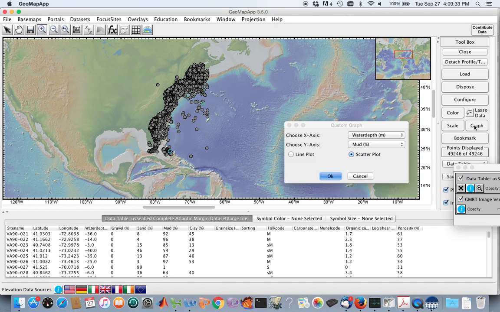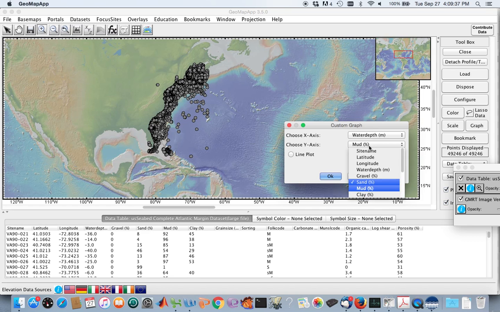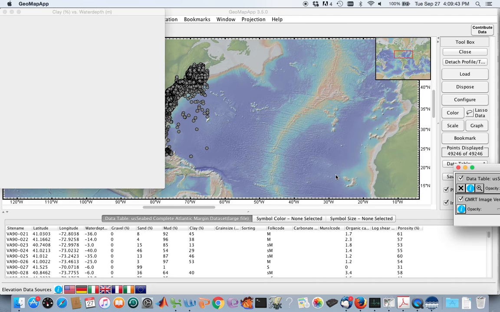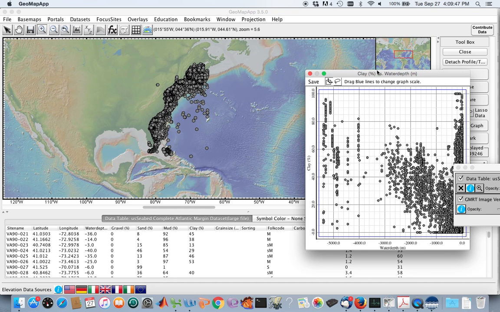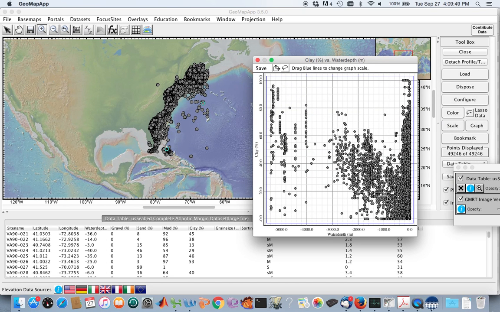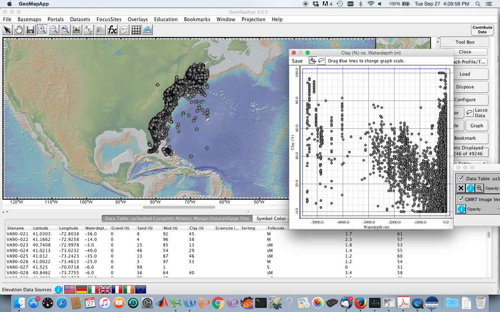And finally, let's look at clays. So we should see some relationship where the further you go from the coastline, in other words, the deeper the water you're in, the higher the percentage of the sediments that are clays. And that is what we see.